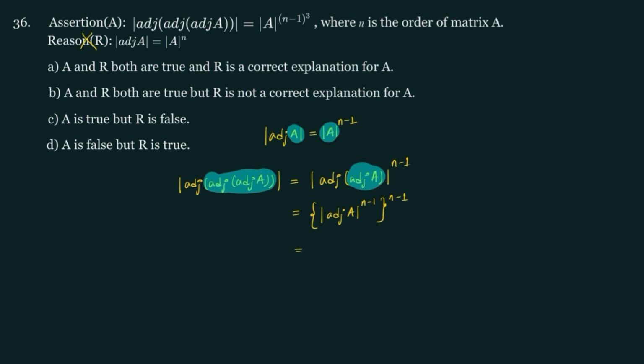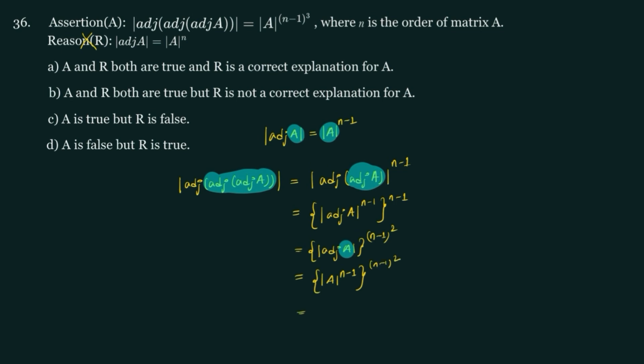So here it will be adjoint of A whole to the power n minus 1 into n minus 1, which is n minus 1 whole square. And for the last time, let us use the definition again here. Simply now we have to find the determinant of adjoint of A. So this will be equal to determinant of A to the power n minus 1 whole to the power n minus 1 whole square.